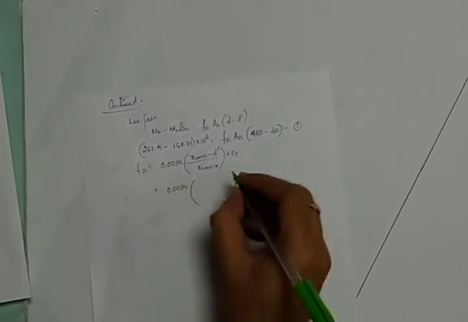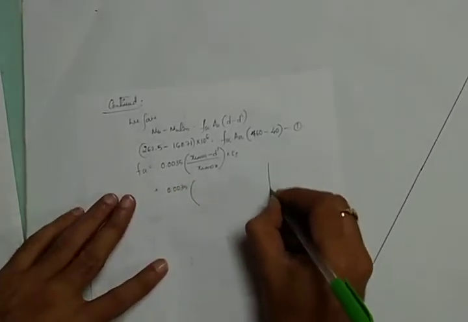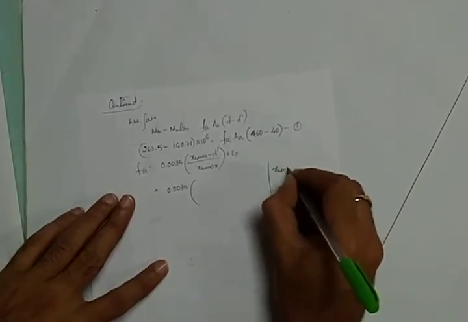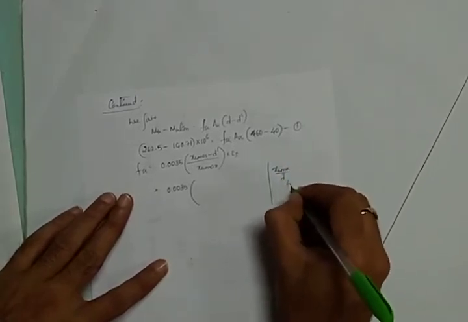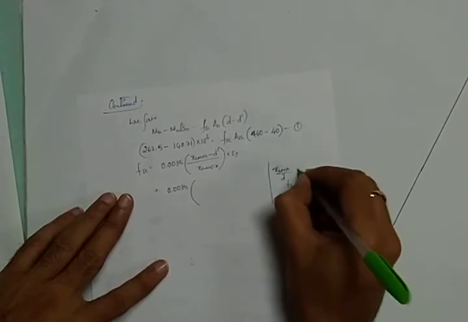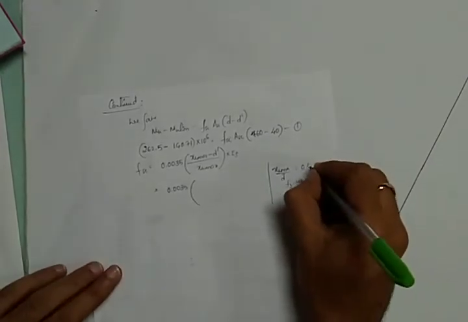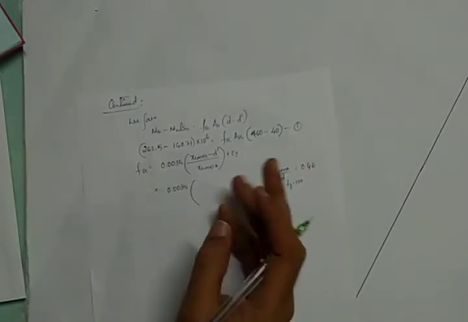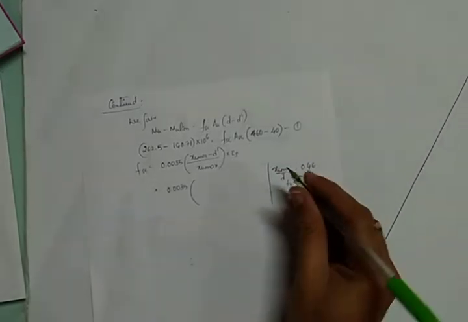0.0035 within the bracket. XU maximum is not known, you have to calculate. XU maximum by D for Fe 500 is known. What is the value? 0.46, so you have to memorize. In the previous class also I explained about XU maximum by D. If the grade of steel is 250, then it will be 0.53.